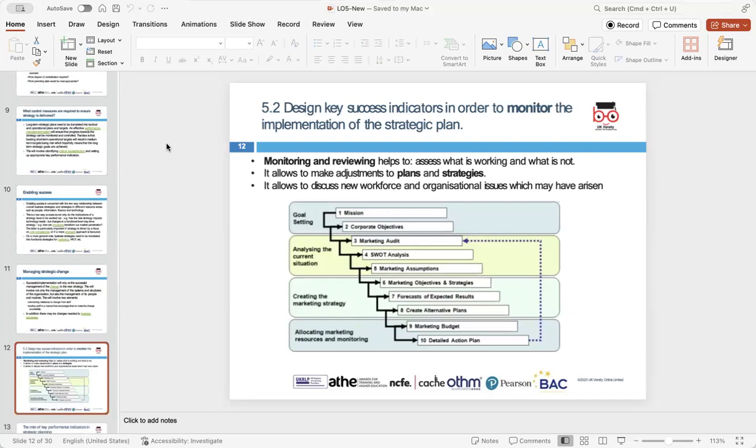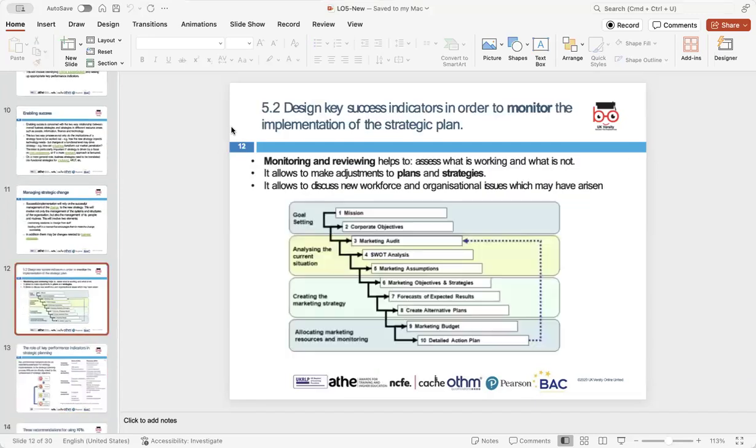Monitoring and reviewing strategic progress. So, monitoring and reviewing the progress of strategic initiatives are vital to ensuring that strategies are working as intended.